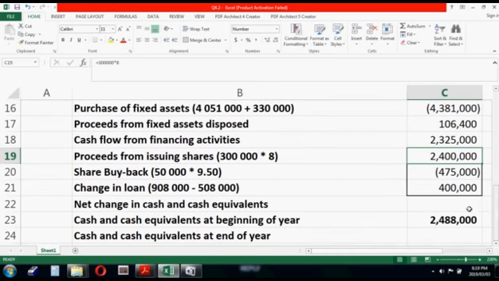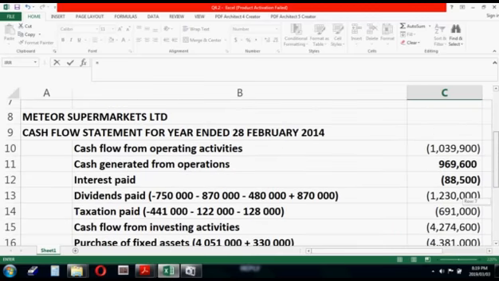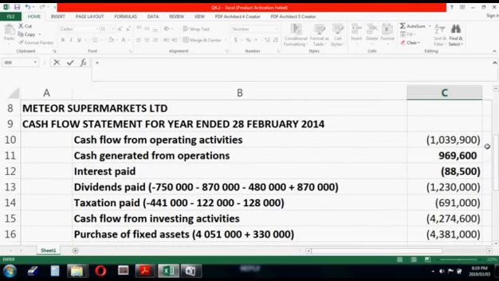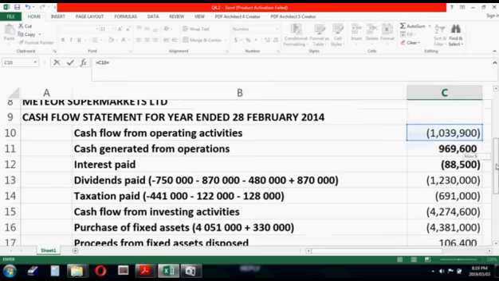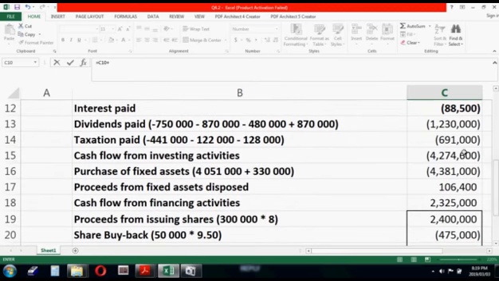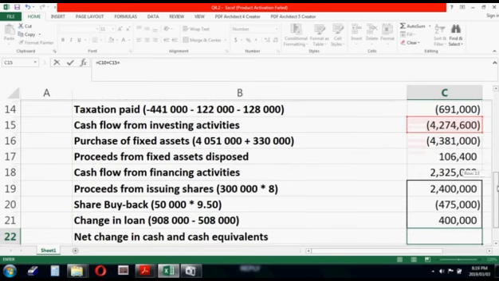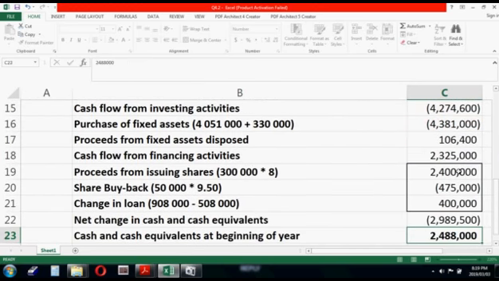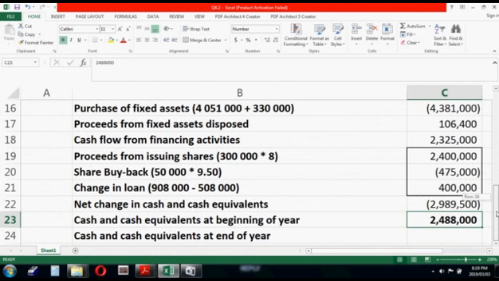And now we can get the net change in cash and cash equivalents. That's simply adding up the three different sections, namely the cash flow from operating activities together with the cash flow from investing activities, and finally the cash flow from financing activities. So in this case it was quite a huge outflow.